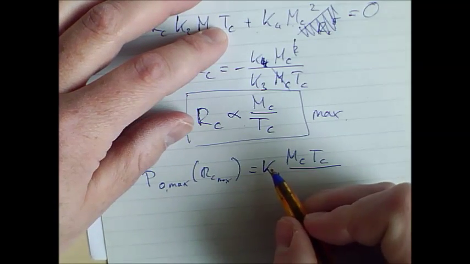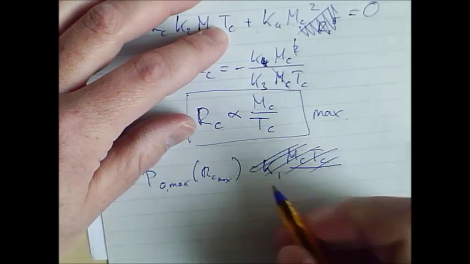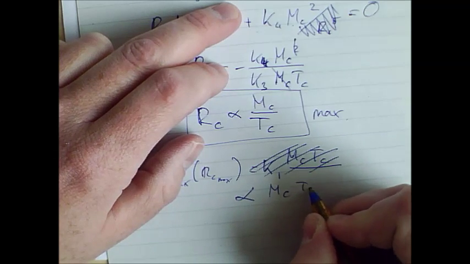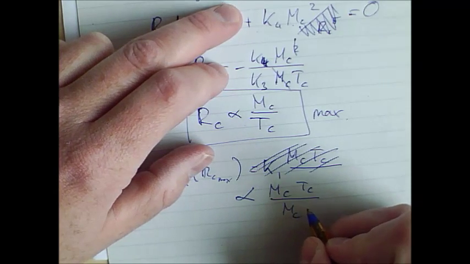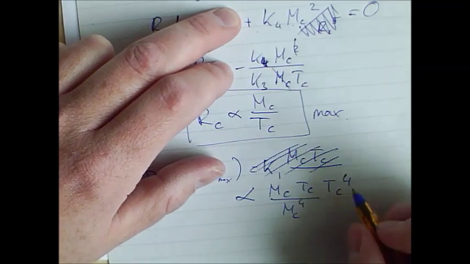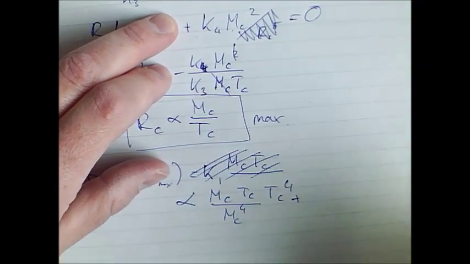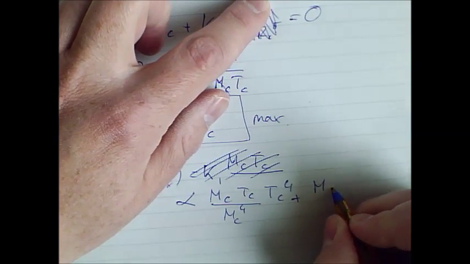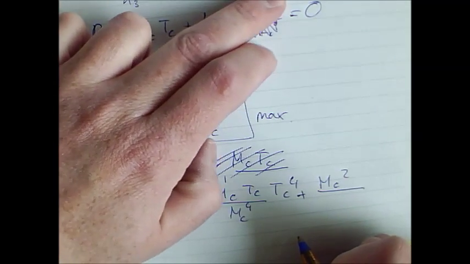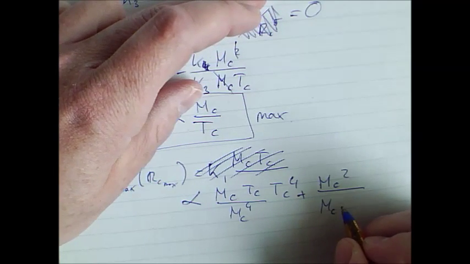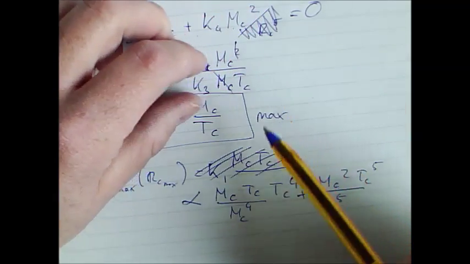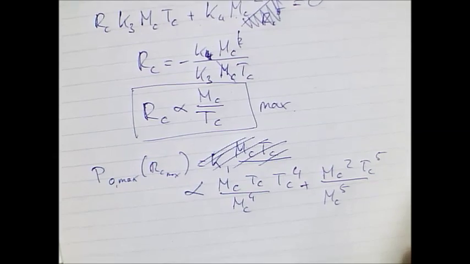All of this we can do straight away as a scaling relationship, so I might write that out as MC TC over MC to the power 4 TC to the power of 4. This is the R to the power of 4, plus MC squared, and then at this point we've got RC to the power of 5, so that's going to give us MC to the power of 5 and TC to the power of 5 here. Bear in mind I've ditched all the constants because we're talking about scaling relations.